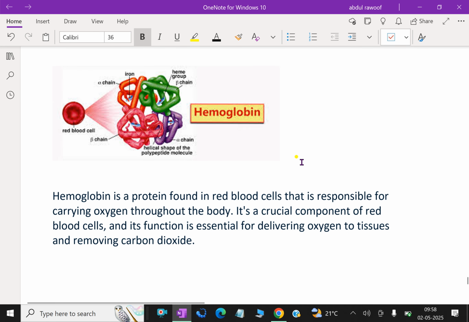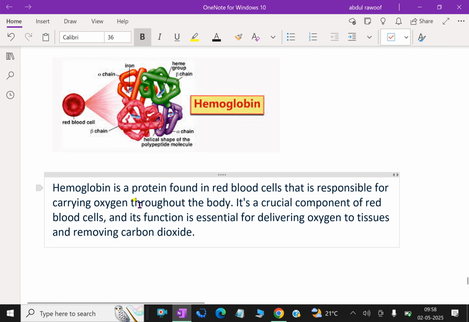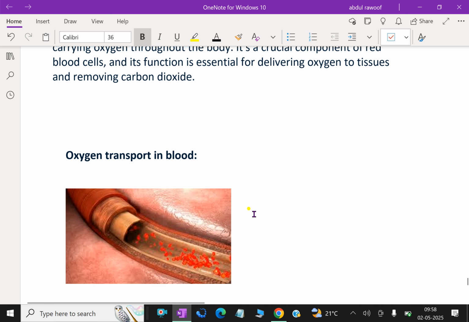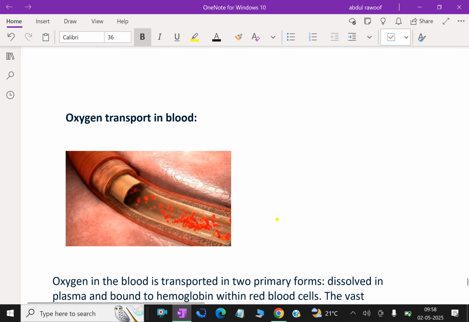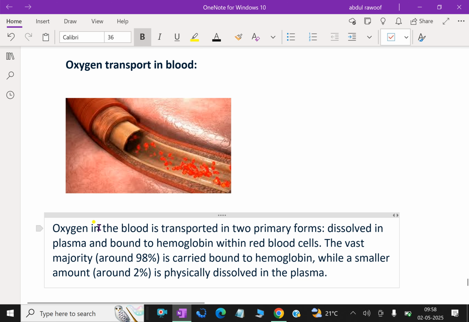What is hemoglobin? Hemoglobin is a protein found in red blood cells that is responsible for carrying oxygen throughout the body. It's a crucial component of red blood cells, and its function is essential for delivering oxygen to tissues and removing carbon dioxide. How does oxygen transport in blood happen?